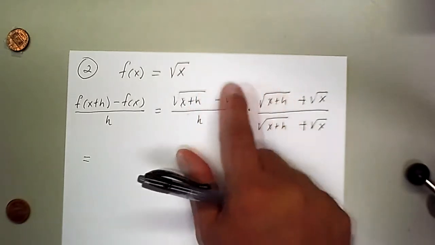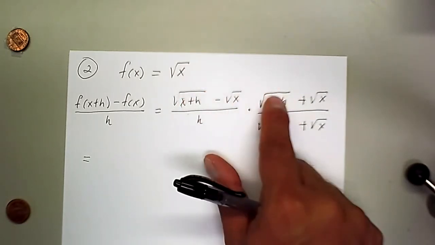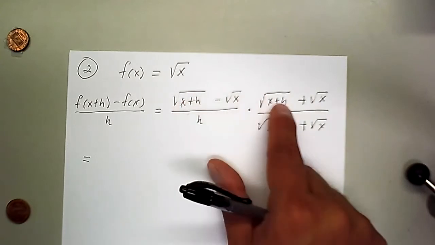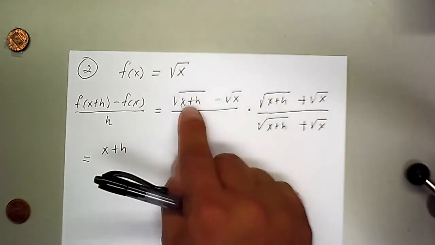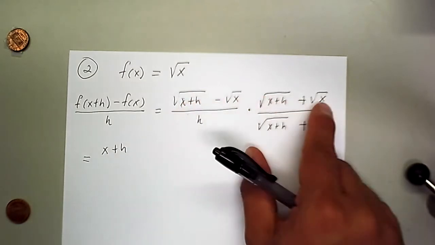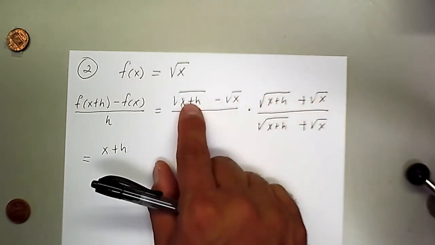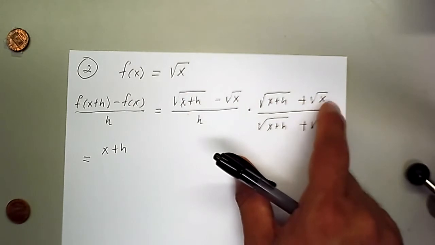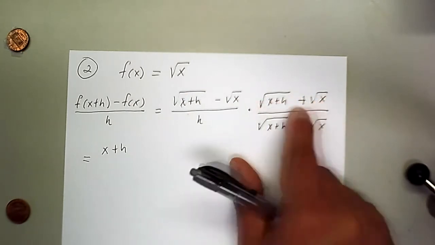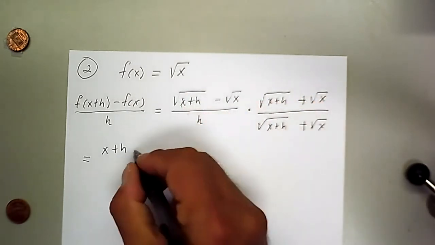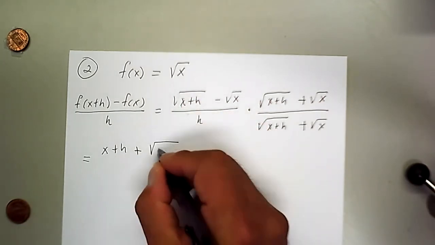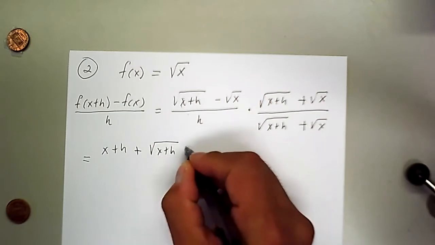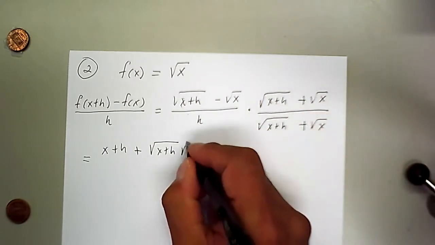We're going to FOIL this out. So this times this, root times root, well, it's just going to be x plus h. This times the outside, so the first times the outer of the second binomial will be, let's see, plus square root of x plus h times the square root of x.